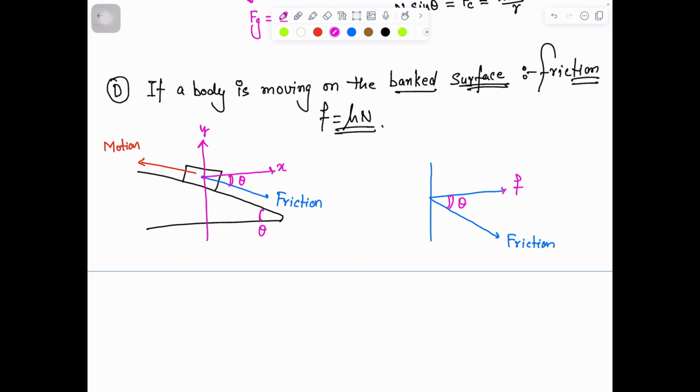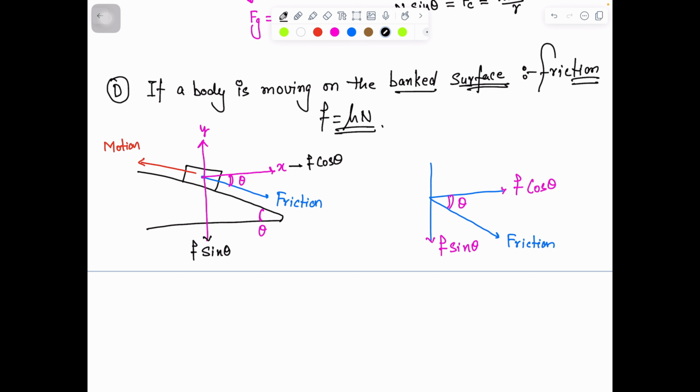So can I say small f friction cos theta, and this one will be friction sin theta, yes or no? Understand this point? Clear? Easy. So this x gives you friction cos theta, and this gives you f sin theta, yes or no?